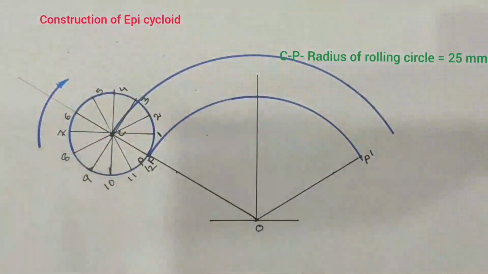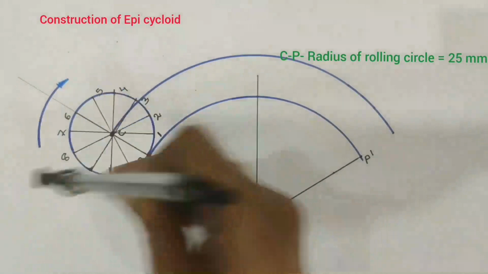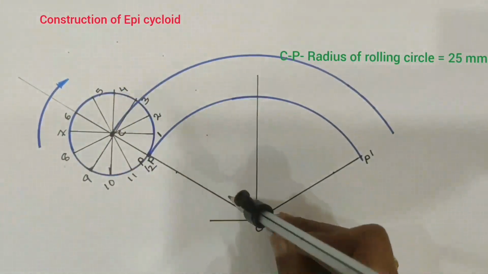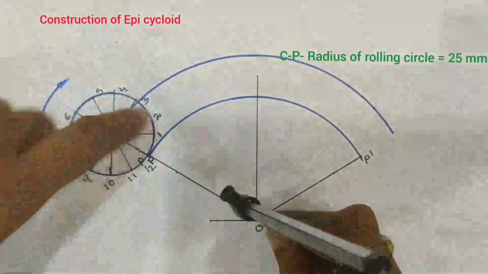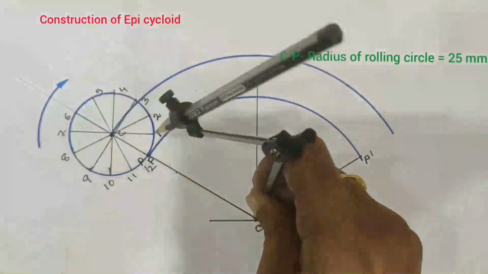Then, with center O and passing through 1 on the rolling circle, draw an arc parallel to the directing arc.